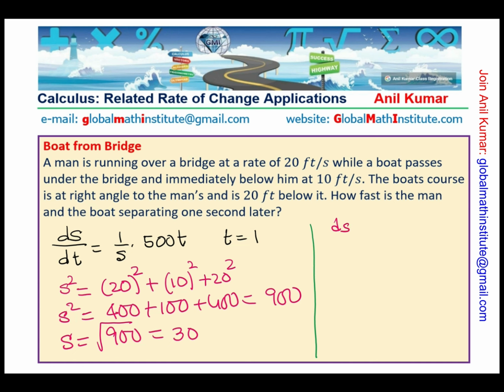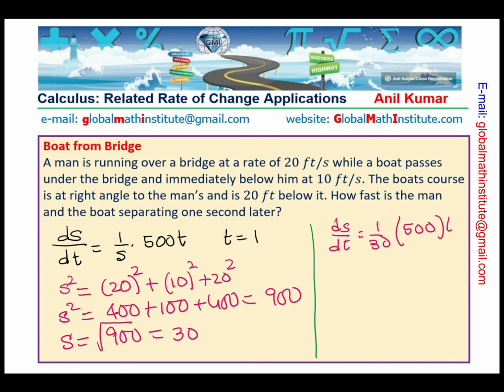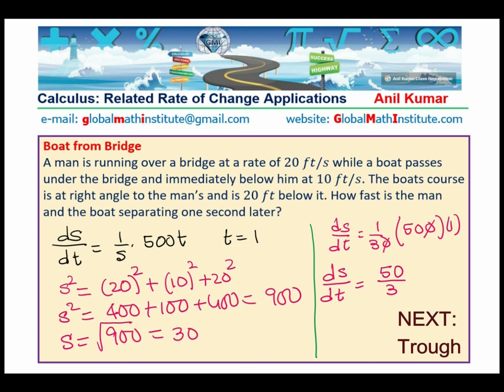So we get ds/dt equals 1 over 30 times 500 into t, which is also 1, correct? So you can simplify this and get the answer. So ds/dt, the rate of separation, is equal to 50 by 3. Units will be feet per second. So I hope you have understood these steps.